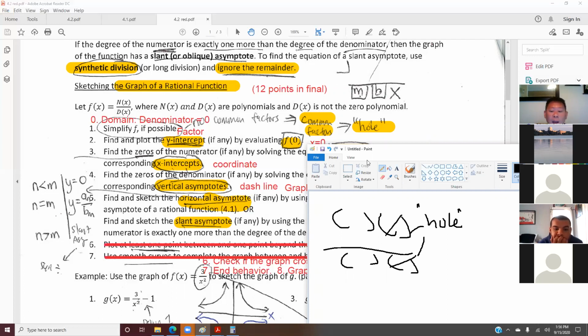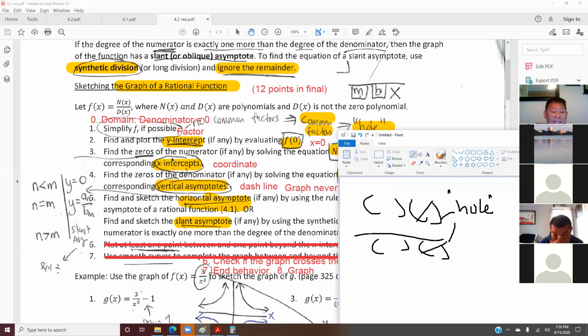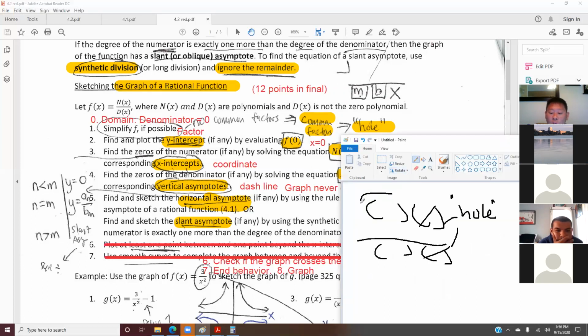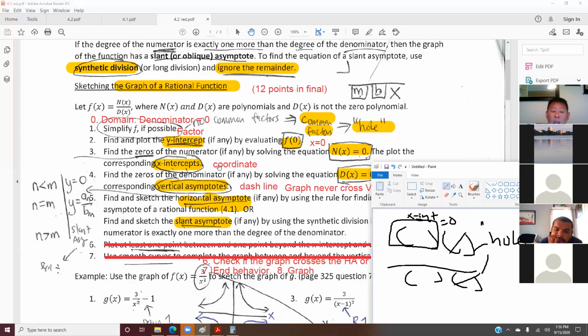And then next, you have to find your y and x intercepts. For your y-intercept, you set all your x to 0. For your x-intercept, you set your numerator to 0. So this is your numerator. You make it equal to 0, and this is how you find your x-intercept. Do not forget that for x and y-intercepts, your answer has to be in coordinates.